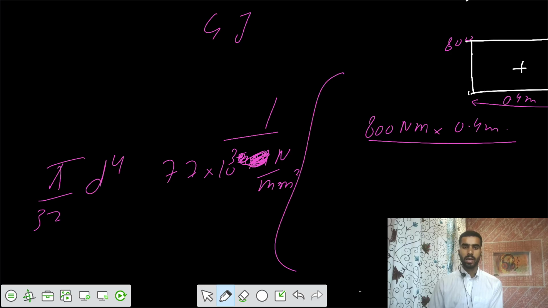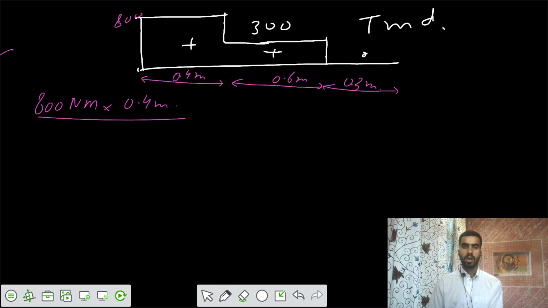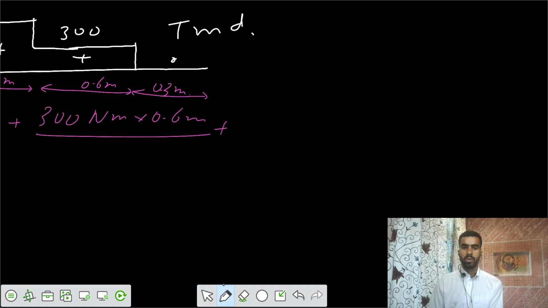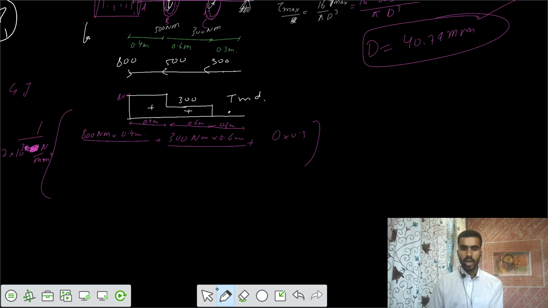So you have this part that is common for all those three sections. So this is TL by GJ, plus the second one is TL by GJ, plus 0 into 0.3. So you got this one, and that should be less than or equal to some degrees.